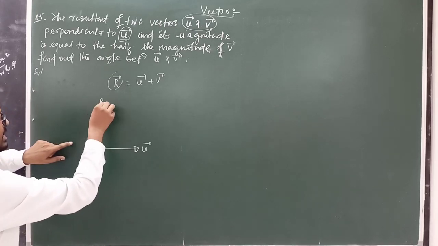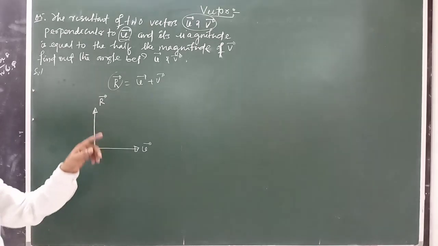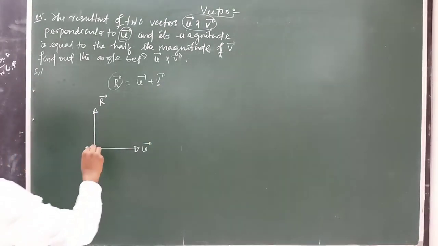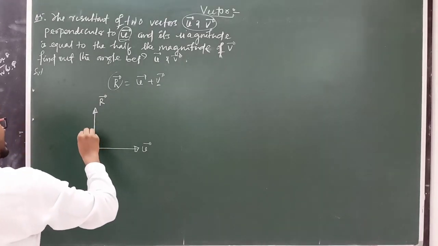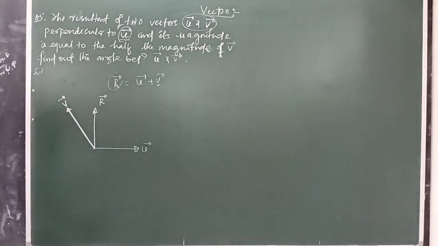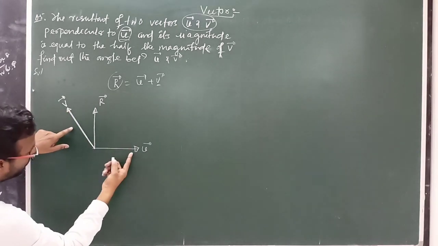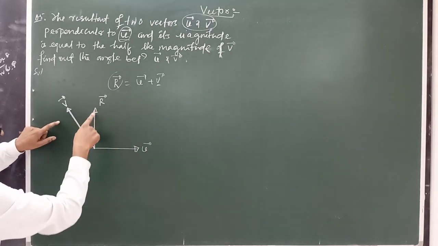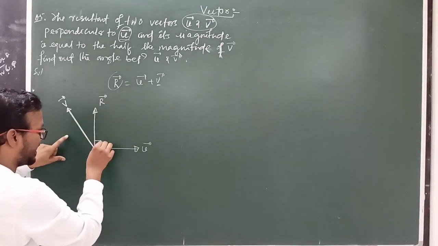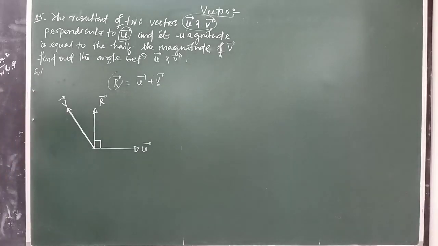So this is r vector. So where is the direction of this vector v? We have to take the second vector v here. Clear? This is the resultant, and this resultant is again perpendicular to this u according to the question. Clear?